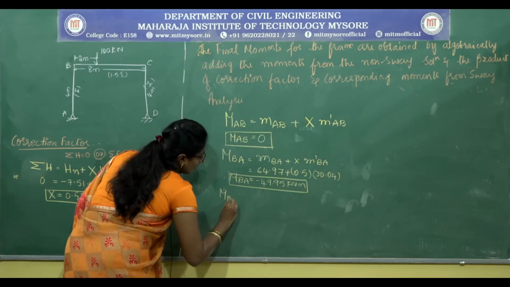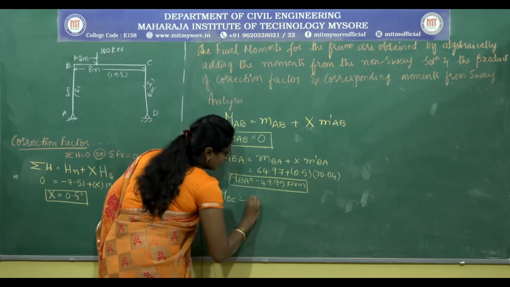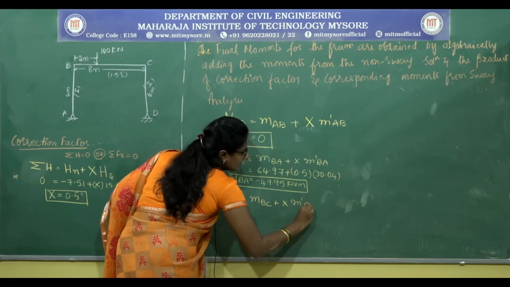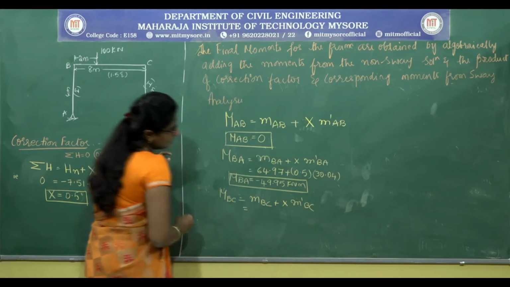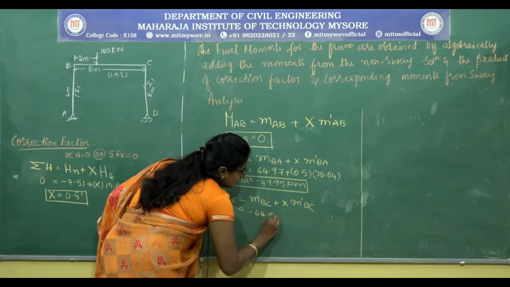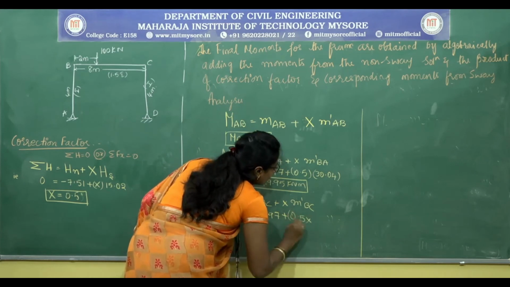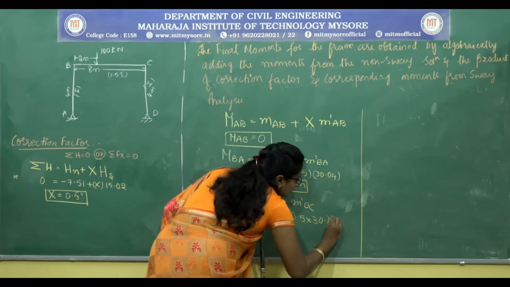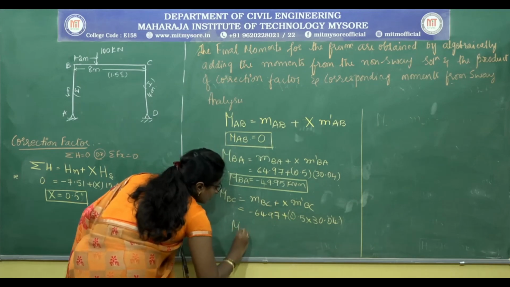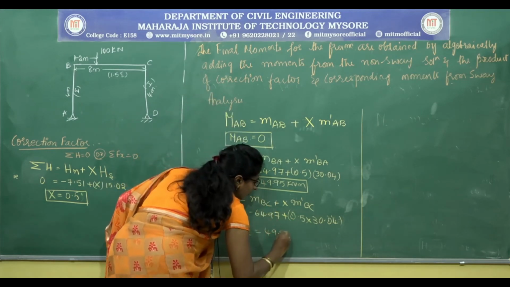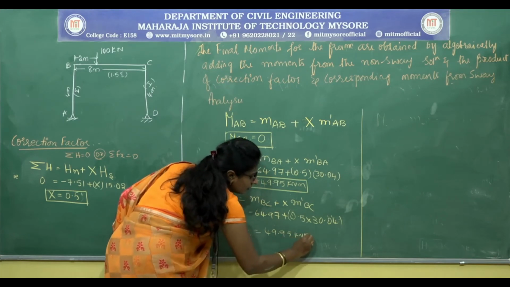Similarly, MBC plus X into M dash BC. MBC is minus 64.97 plus 0.5 into 30.04. So MBC equals minus 49.95 kilonewton meter.